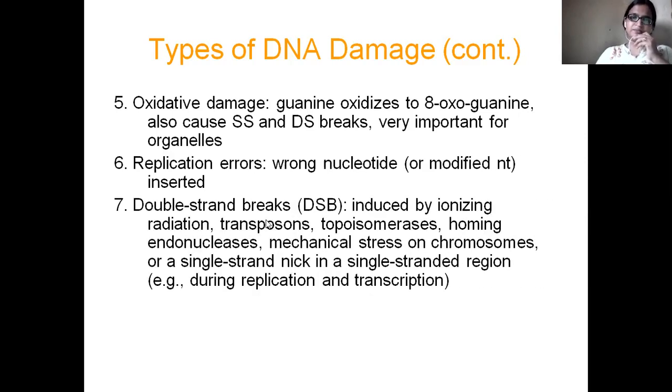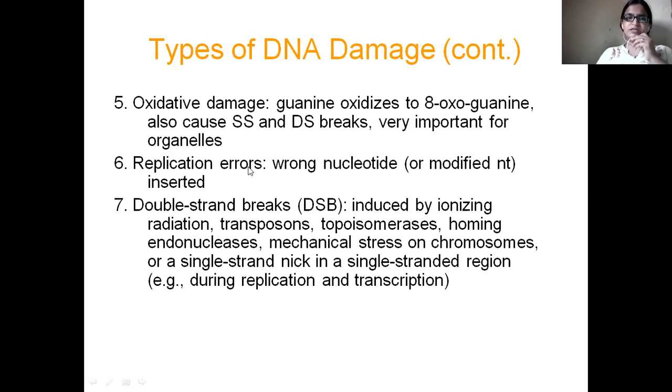And the next type of problem or repair is double strand breaks. It is induced by ionizing radiations, transposons, topoisomerases, endonucleases, mechanical stress on chromosomes, or a single strand nick in a single stranded region, for example during replication and transcription.